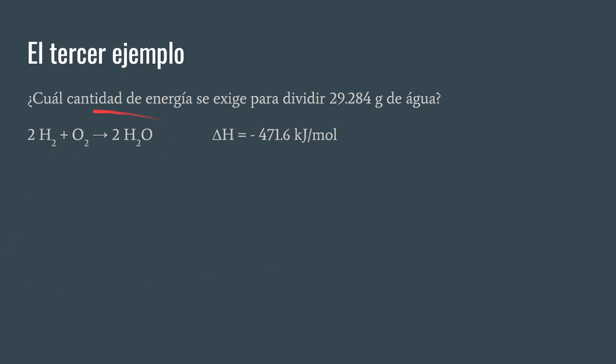This reaction is backwards. I asked how much energy is needed to divide that much water. So this reaction is talking about combining hydrogen and oxygen to make water. So dividing water is the reverse of this reaction, and therefore the enthalpy will be reversed. If you release 471.6 kilojoules of energy to make water, then you're going to need 471.6 kilojoules to split that much water.